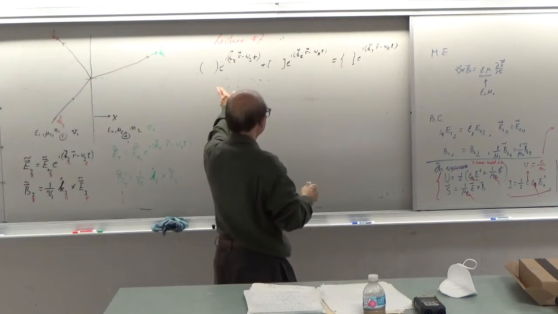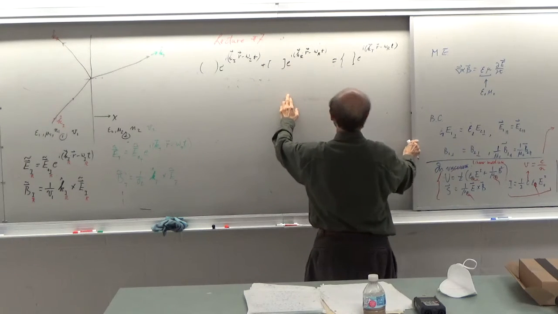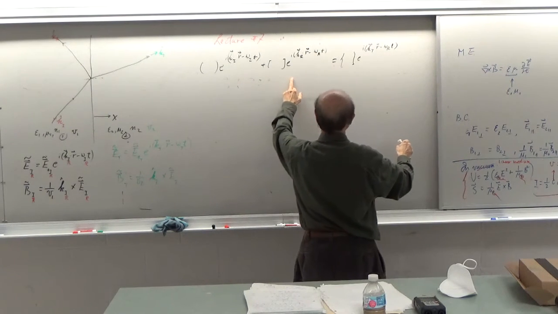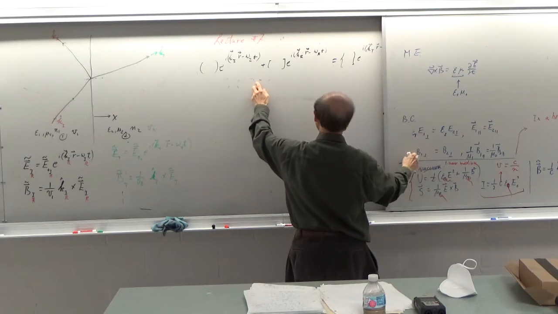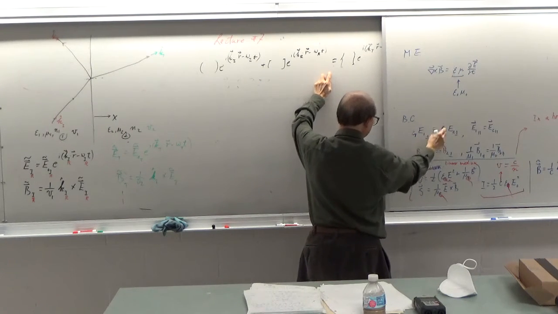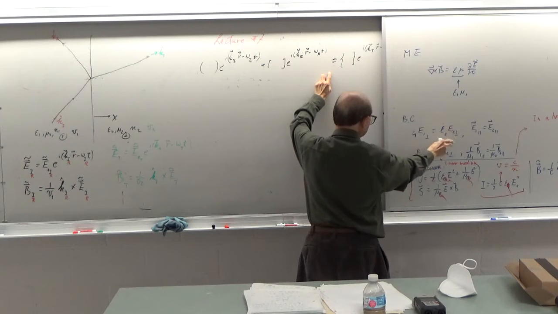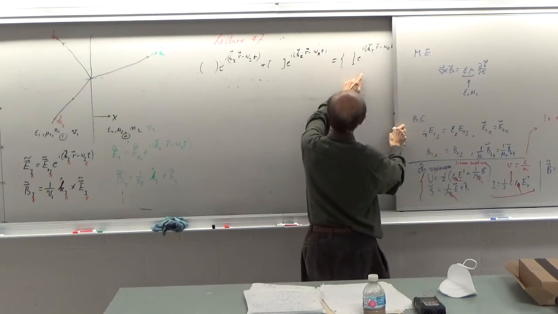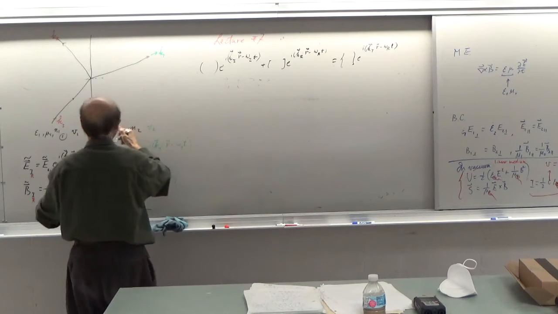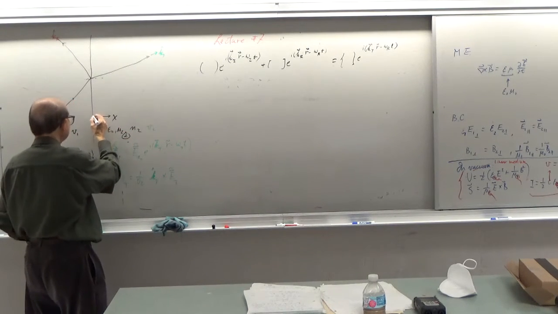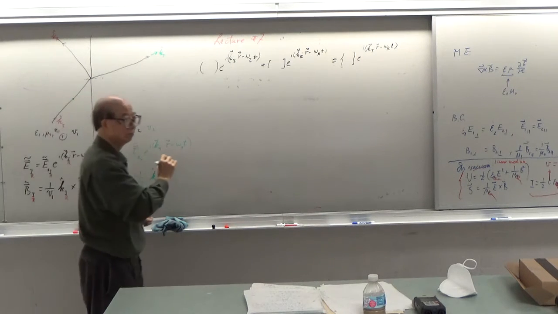But let's take a look at this. So that we want this coming from this or that to be equated to the corresponding thing in the second medium, which is this, at the interface. Let's set up the coordinate system such that the interface is at x equals 0.